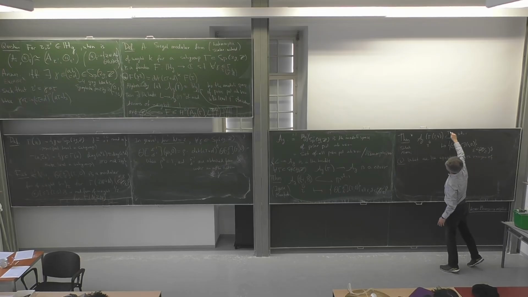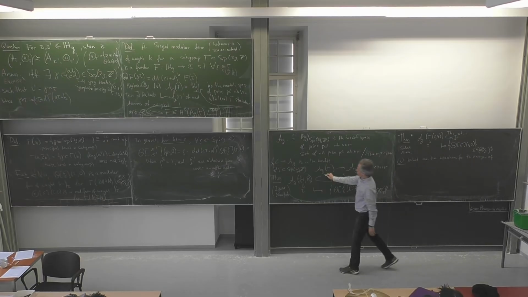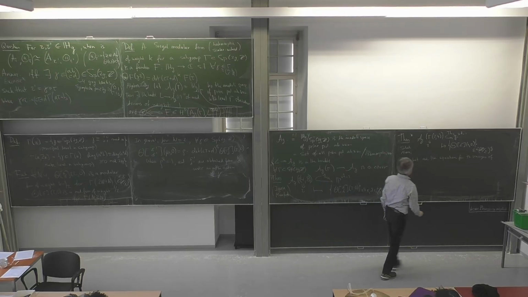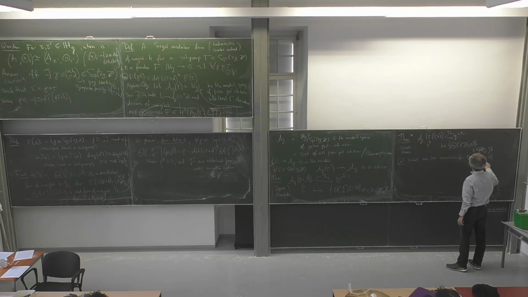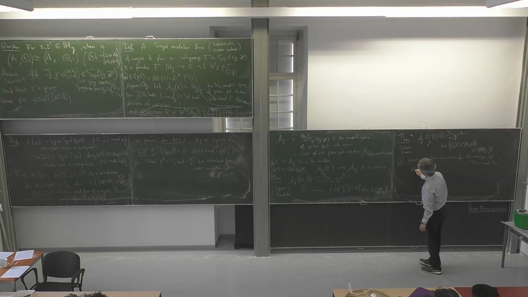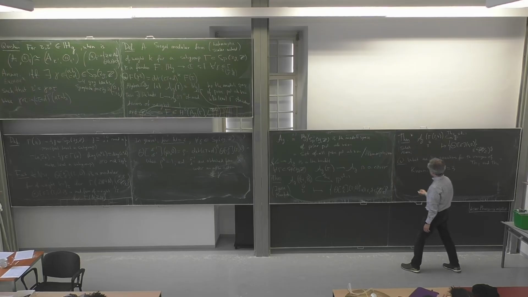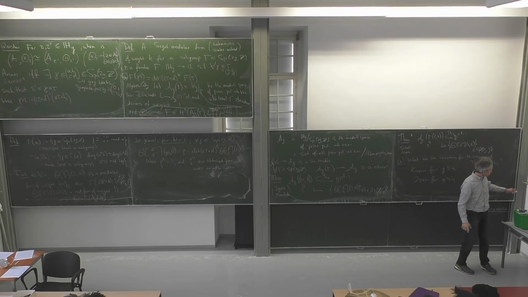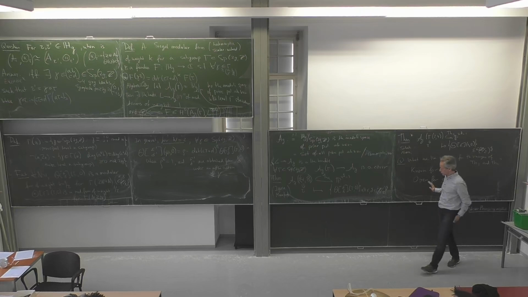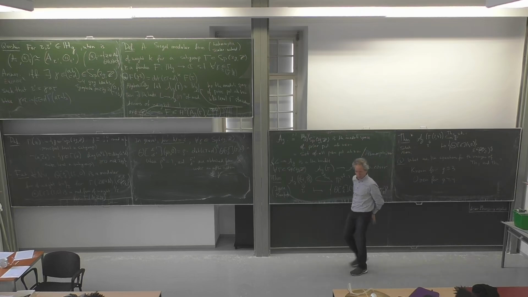Well, I'll call this theta 2, and I'll call this theta 4. And this is known for g up to 3 and open for g at least 4, which is to say we don't know the ideal of relations among Siegel modular forms fully in genus 4 and higher.